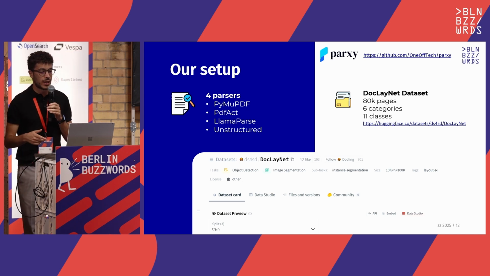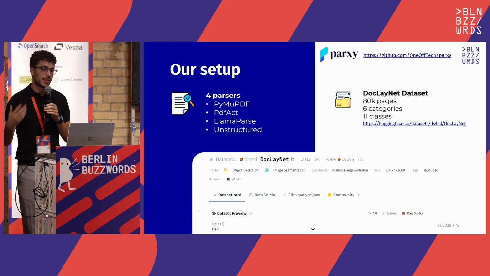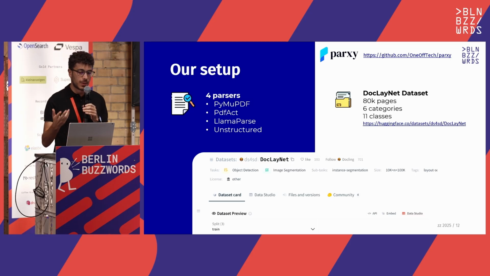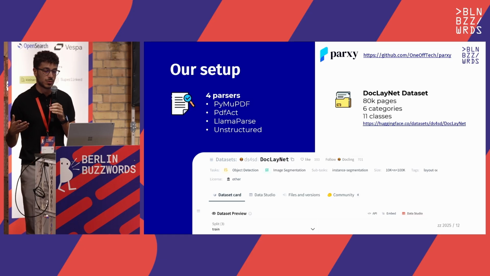And here we evaluated the ability of the parser to reconstruct the document in order to preserve the layout and the text in the starting pages, and we used some text similarity metrics to do that.